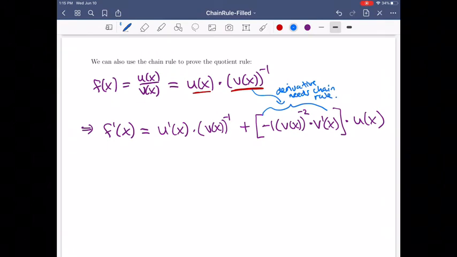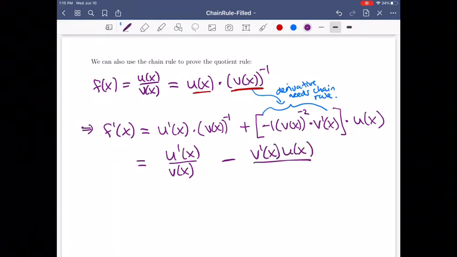Now I'm just going to simplify this. So v of x to the minus 1, this part is actually u prime of x over v of x. Now plus minus, that's going to be a minus. And then over here I have v prime of x times u of x, and this negative 2 exponent is going to drop the v of x down to the positive 2.